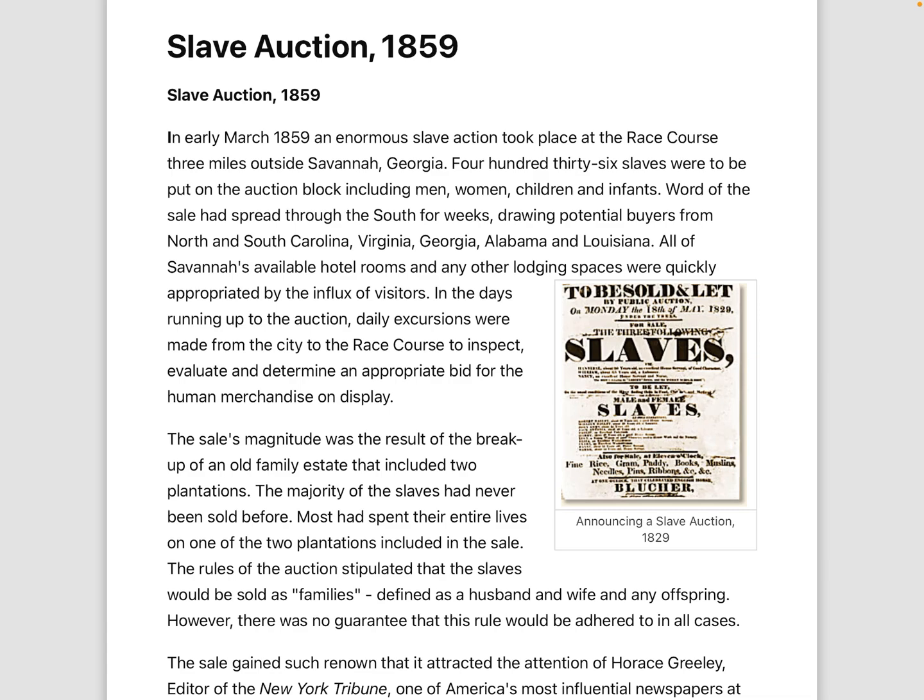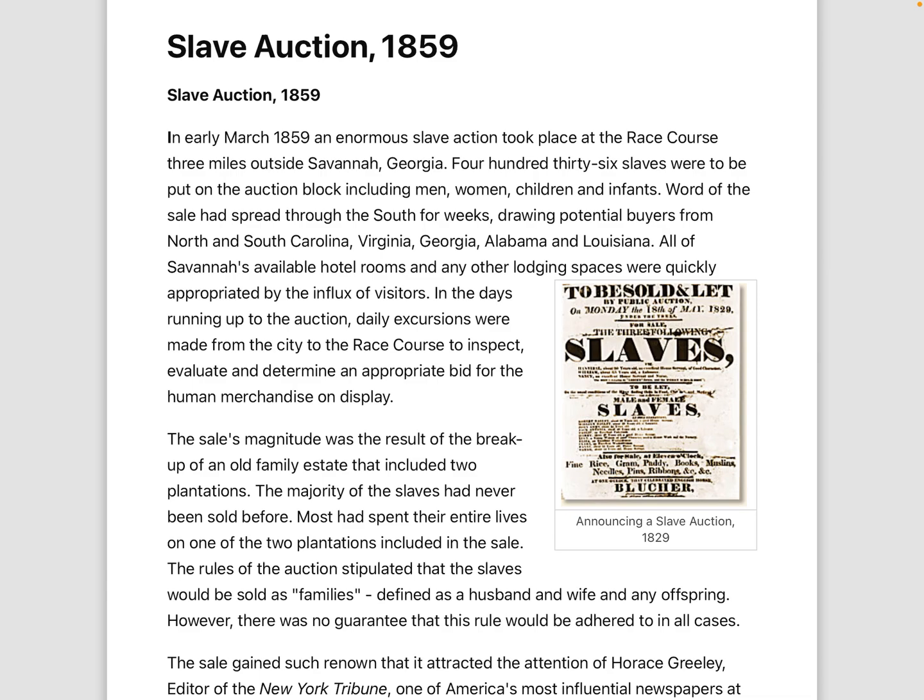All of Savannah's available hotel rooms and any other lodging spaces were quickly appropriated by the influx of visitors. In the days running up to the auction, daily excursions were made from the city to the race course to inspect, evaluate, and determine an appropriate bid for the human merchandise on display.